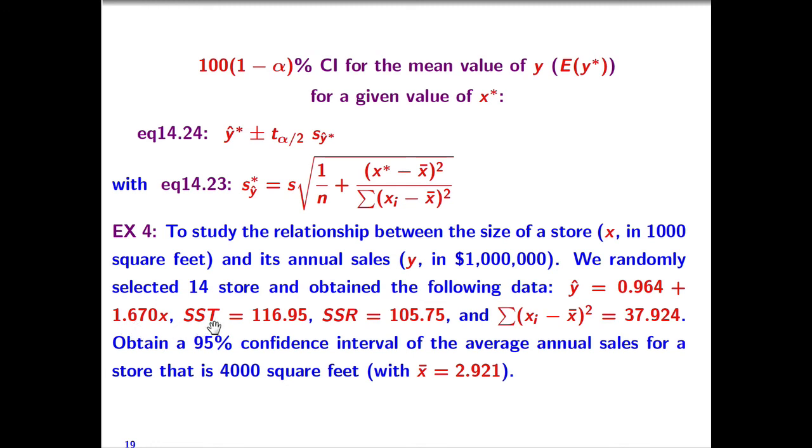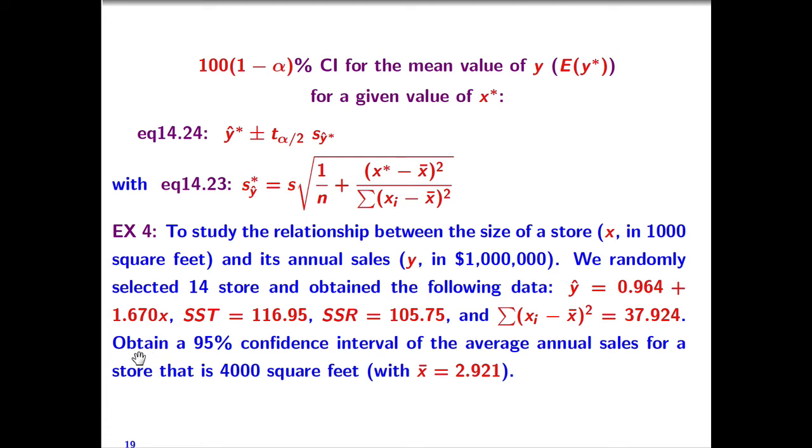So you have B0 equals 0.964 and B1 is 1.67. And we also have SST equals 116.95, SSR equals 105.75, and the total sum of squares with respect to x, the sum of xi minus x bar squared, is 37.924.